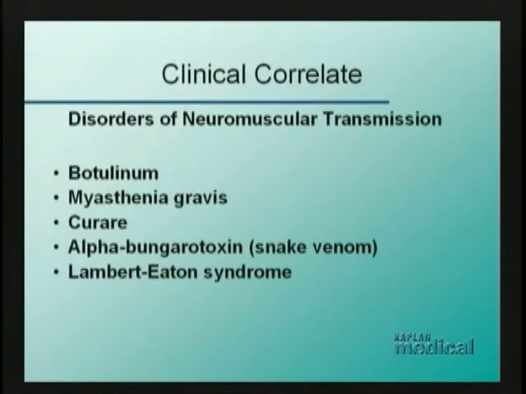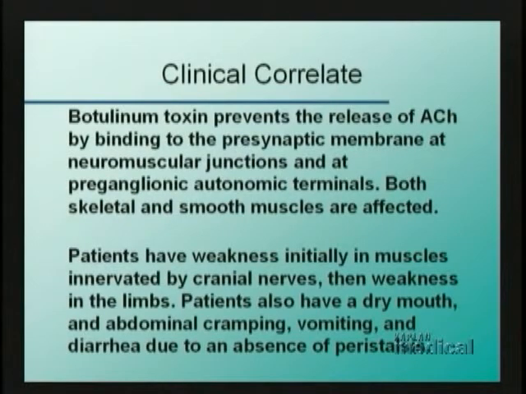Fundamentally, when we deal with disorders of neuromuscular transmission, there are a variety of disease states and causes of them, including botulism, myasthenia gravis, curare, snake venom, and Lambert-Eaton syndrome, and some of them are summarized clinically in the next couple of slides. Botulism toxin prevents the release of acetylcholine by binding to the presynaptic membrane.